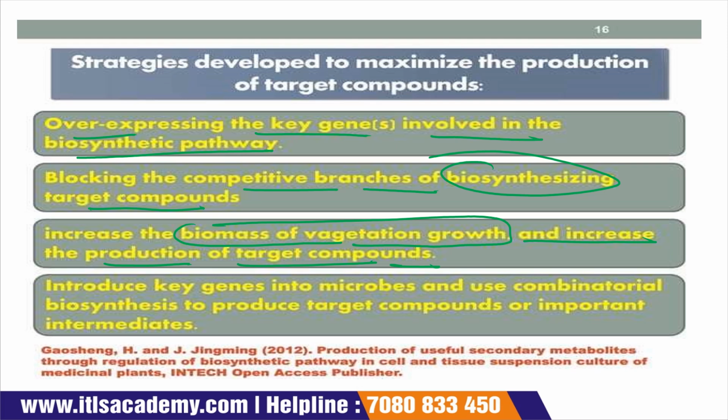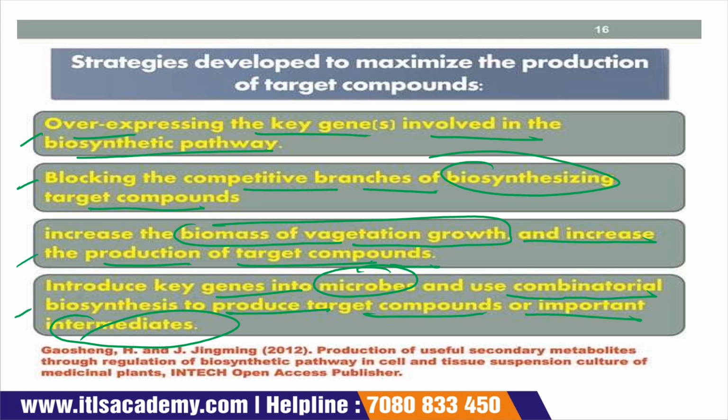Also introduce the key genes into microbes and use combinatorial biosynthesis to produce the target compound or important intermediates. So these are basically four strategies developed to maximize the production of the target compounds.